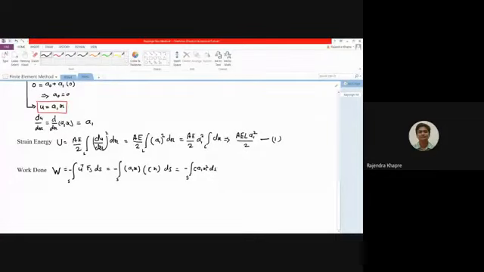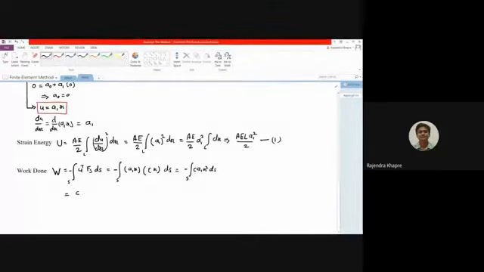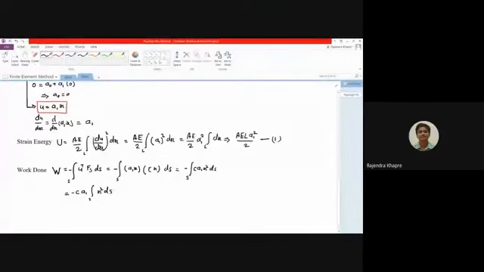Now if you take out the constants outside, C is constant, A1 is constant, negative will be there, and here you can write something like S into x square over ds. Now you see this is integration over the surface, right? So you just imagine that this is a bar. Let me draw a bar over here.